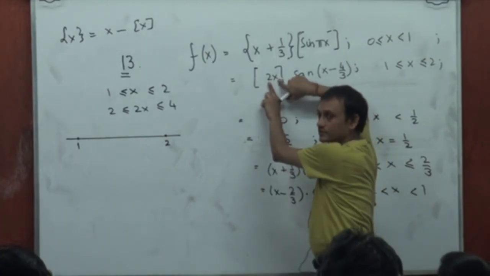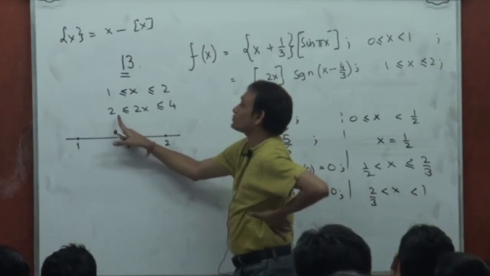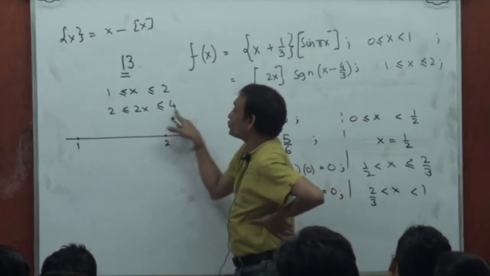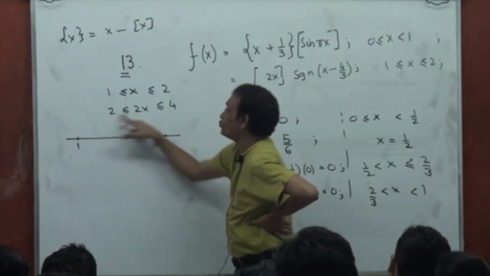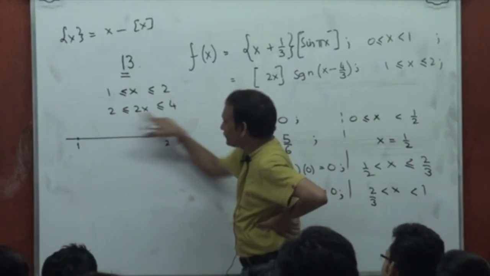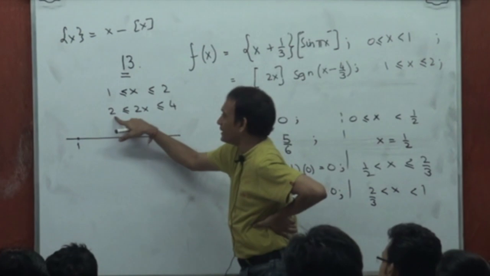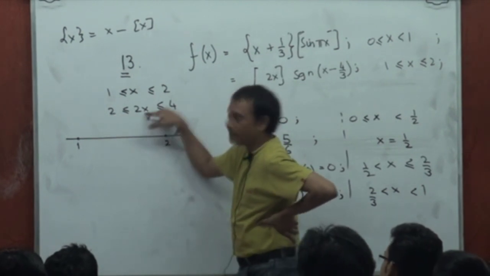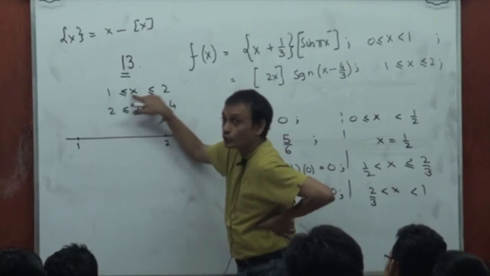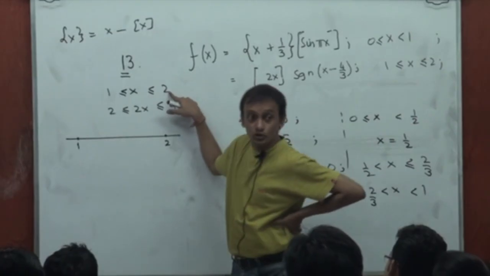This changes behavior every time 2x is an integer. So what are the integer values that 2x assumes? The integer values of 2x in this interval would be 2, 3 and 4. So 2x will change behavior at 1, and then when 2x is 3 means when x is 3 by 2, and then at x equal to 2.